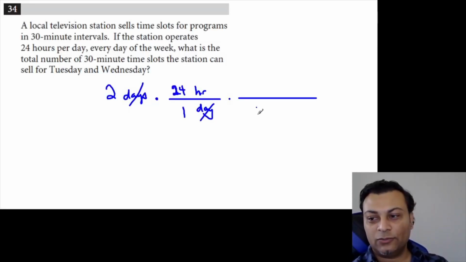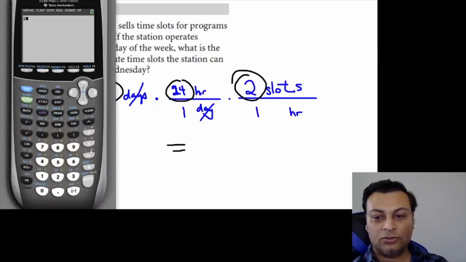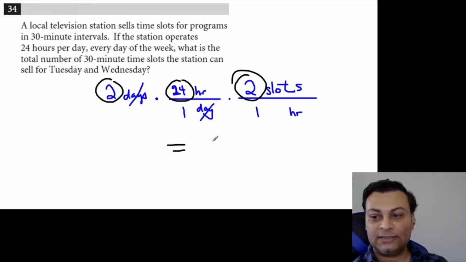But let me put that in. 1 hour, 2 slots in 1 hour. And that's why you end up with 2 times 24 times 2. So let's do that. 2 times 24 times 2 is 96. So the answer is 96.